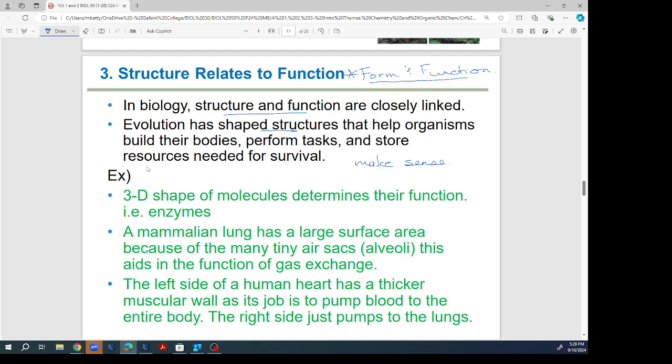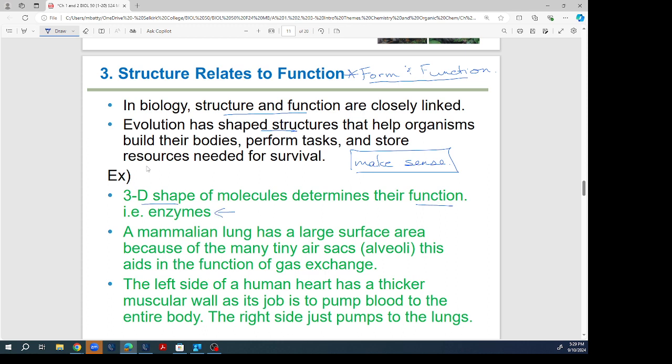Evolution is not goal-based, or you know, there's no underlying goal or direction to it. And so what evolves is what makes sense, and form and function will equal each other or make sense. So we could talk about the shape of molecules and their function, and specifically with proteins, which are enzymes.